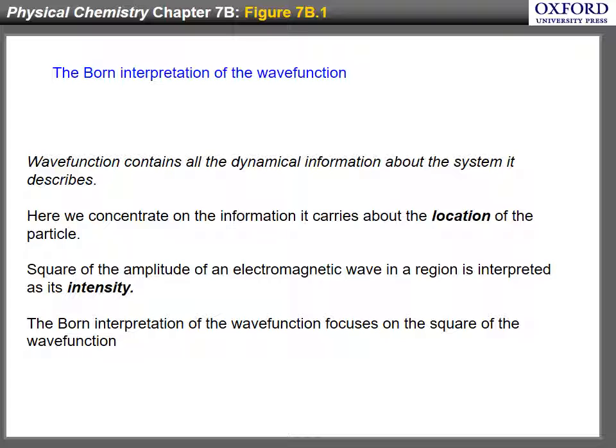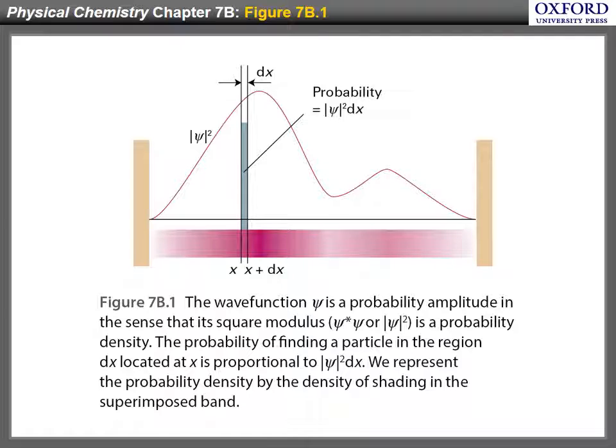But now let's look at it from another perspective. In basic terms, the Born interpretation states that if the wave function of a particular particle has a value phi at some given point x, then the probability of finding the particle between x and x plus dx is proportional to the square of phi times dx.